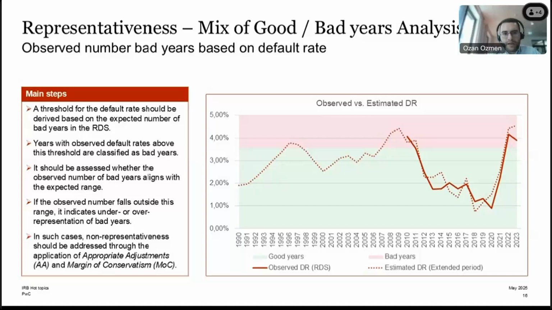So in a nutshell, this is the mix of good year, bad year analysis for PD models. This is usually how it's done, to make sure that we are both reflecting the default rates of the portfolio, and also using the macroeconomic indicators to define the number of bad years and make sure that our data really shows a sufficient number of bad years.